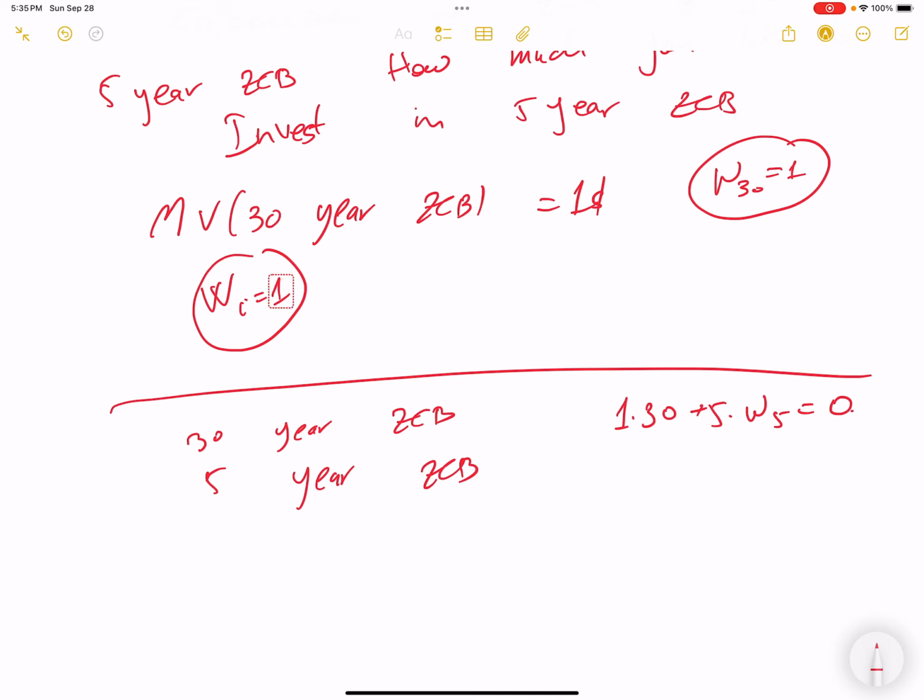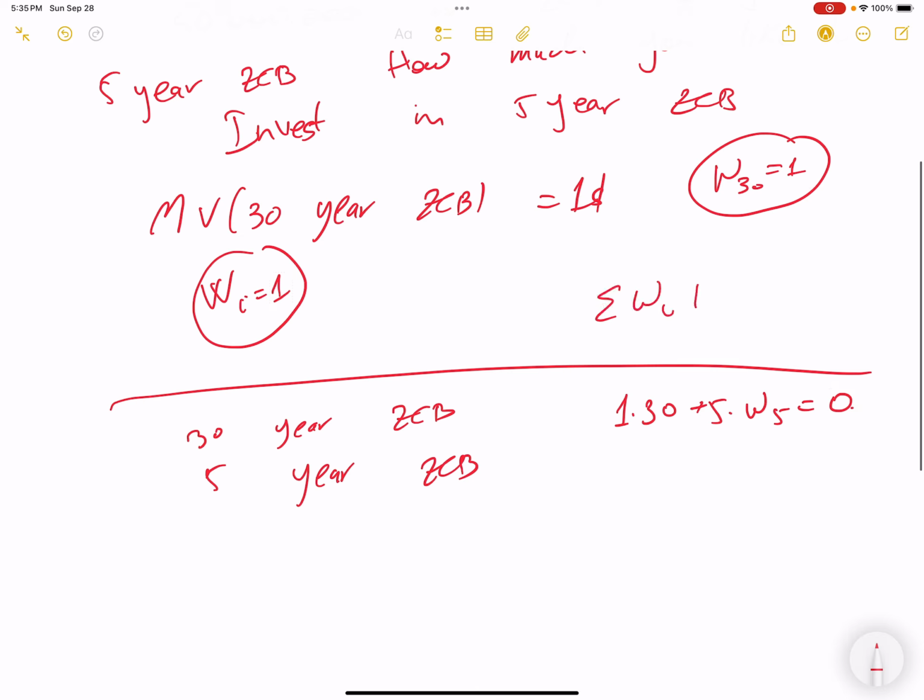Which equals 0. So you are asking yourself, okay, how much do I need to invest, right, in order for me to kill the duration of the portfolio. And you use the formula sum of WiDi. Okay, now the D30 is 30, right? And D5 is 5. So that's why this formula is true.